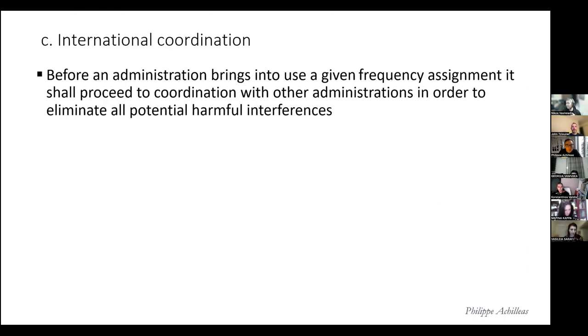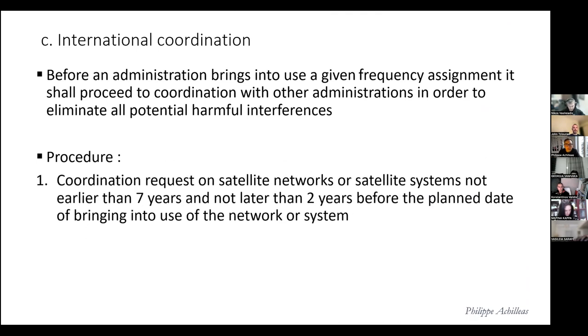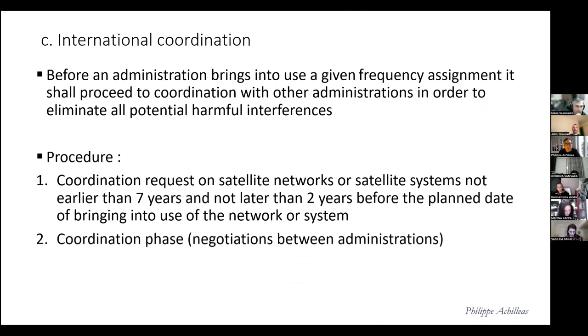But before delivering the authorization, before issuing the license, because it's a kind of license, the administration shall ensure that there will be no harmful interferences with foreign systems. So there is here a procedure of international coordination made by all the administrations that may be affected by a project.